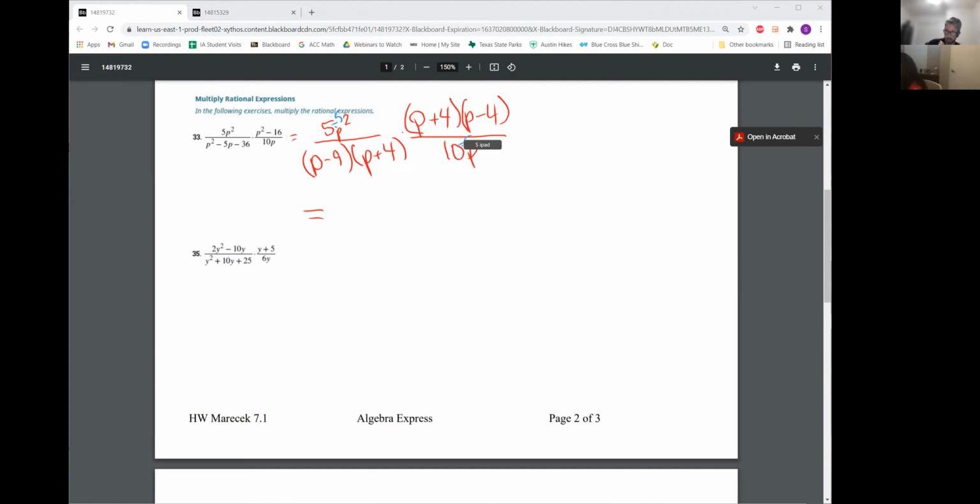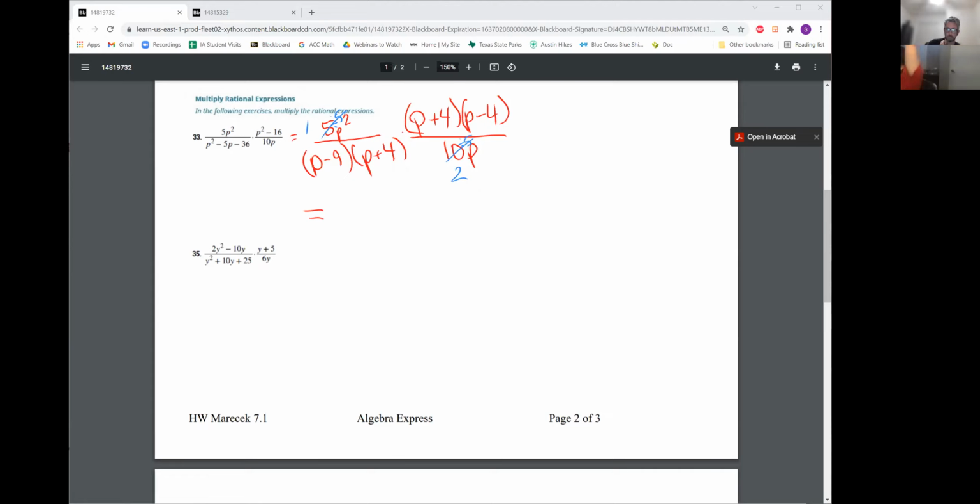Yeah. Okay, so this becomes a 2 and this is a 1. Cool. What else did you do? And I got p parentheses p minus 4 over 2 parentheses p minus 9. Sounds like you canceled more stuff than you said to me. What else did you cross cancel?